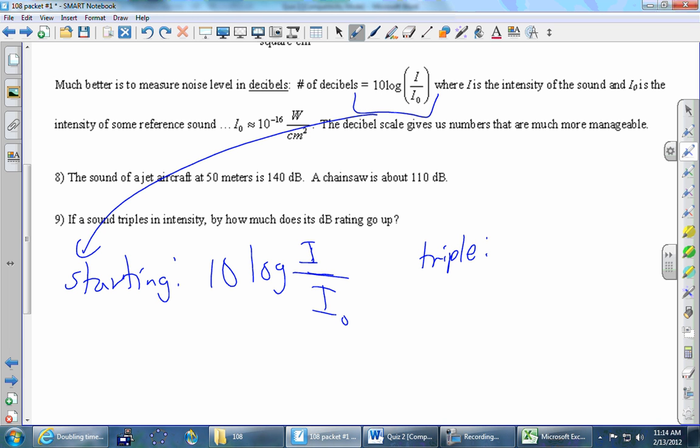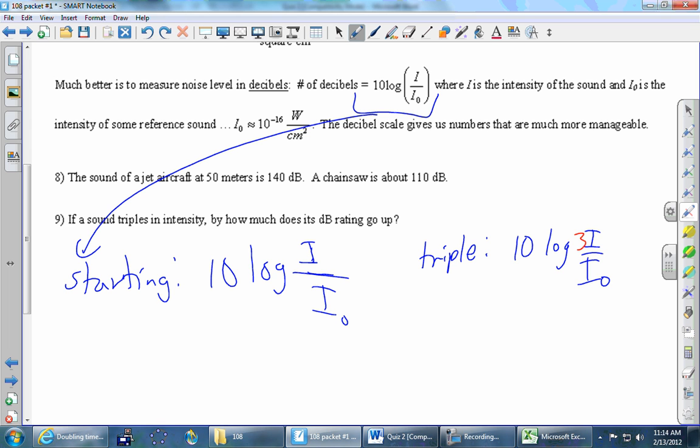So the triple version is the same, 10 log I over I0, but the thing that has tripled is the intensity. So it used to be I was the intensity. What's the new intensity? 3I. That is how we triple the intensity. Everything else in the formula stays the same. Intensity is the only variable.